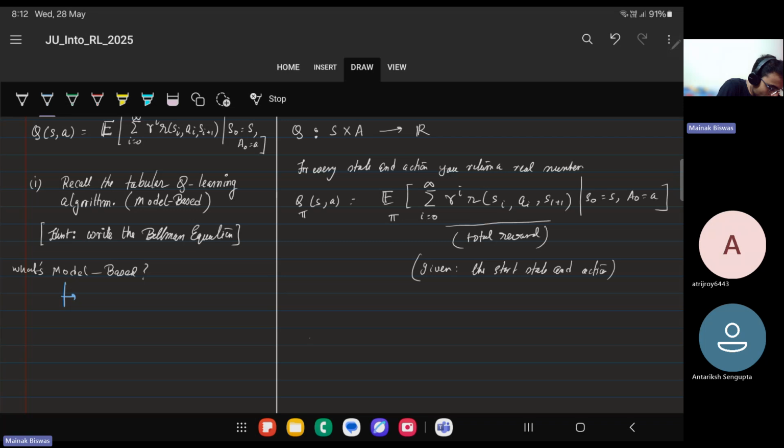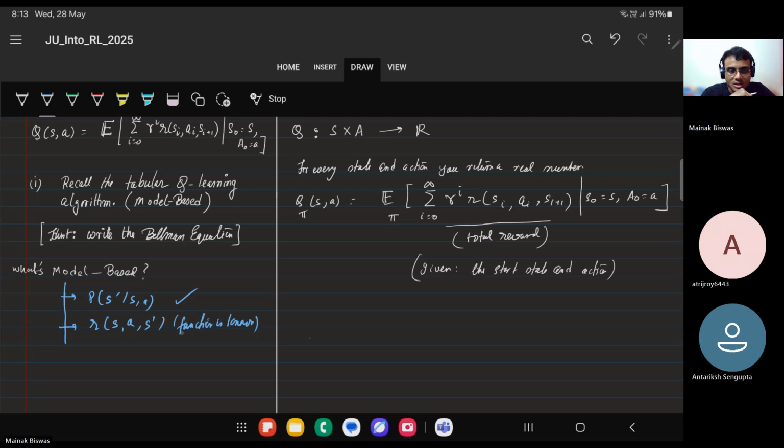So we know that s' given s, a is known, and the reward function r(s, a, s') is also known. So these dynamics of the Markov decision process or the control Markov chain are known to us. So let us try and find it out for that case first.